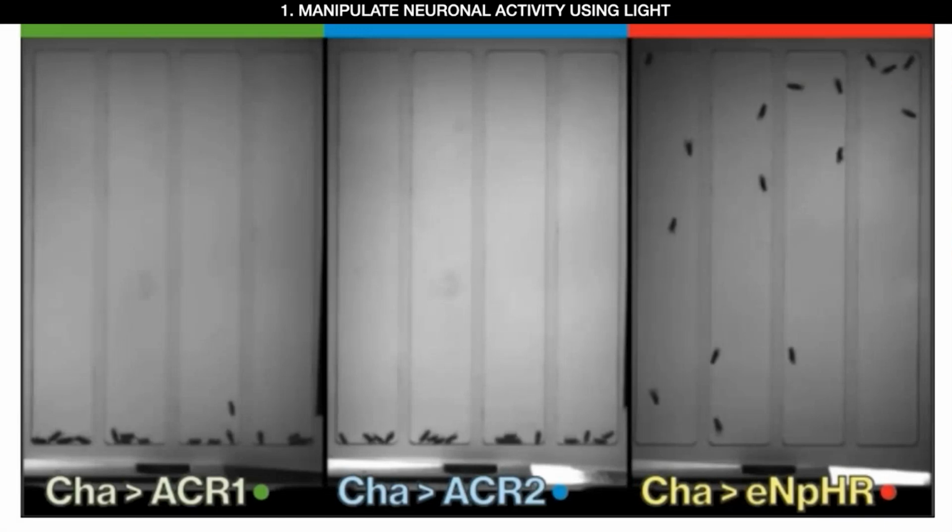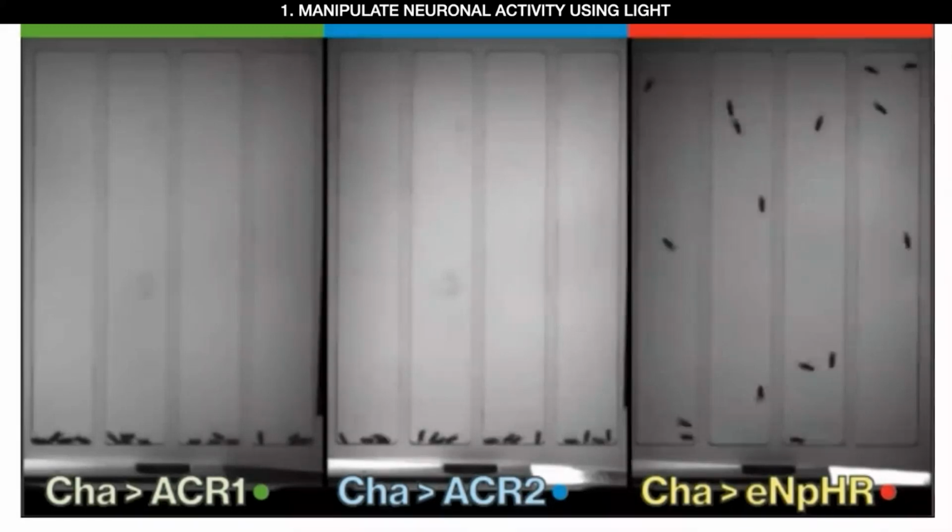You can see the normal activity of the animals, and then when the light goes on, you can see immediate stopping, inactivation of the locomotor activity in these animals. It's very clear in both ACR1 and ACR2.